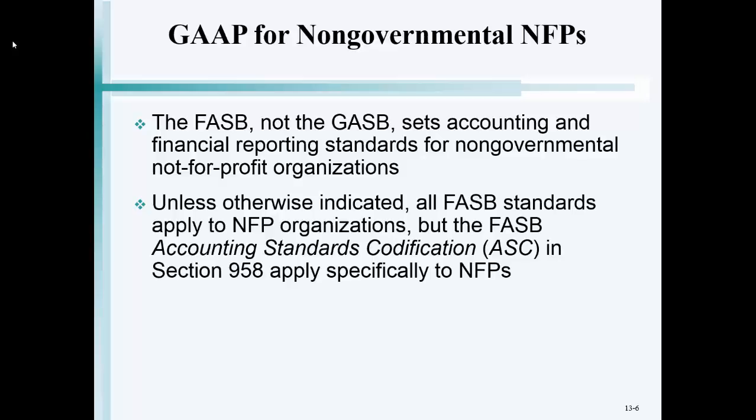And then if you want to know something about the statement of cash flow, you'd go to 230. Something about the balance sheet, you'd go to 210 or whatever it is. And you would just go ahead and look through that part of the codification. So it's almost like an area code, isn't it? Okay. So the area code for not-for-profit is 958, right?